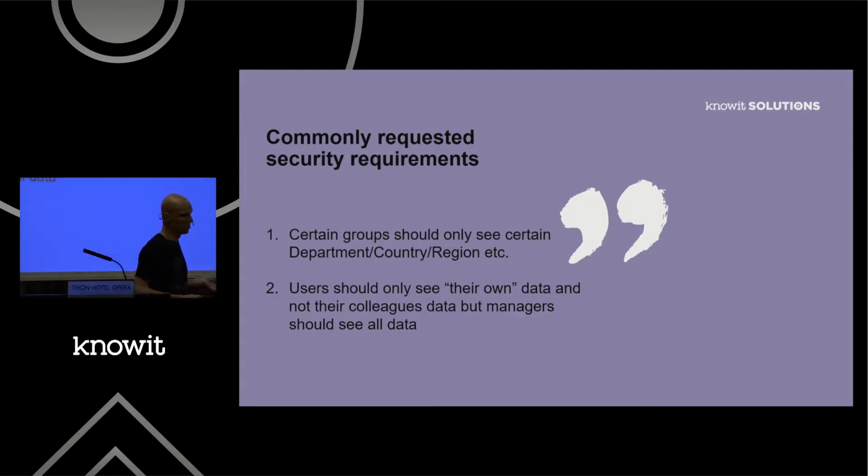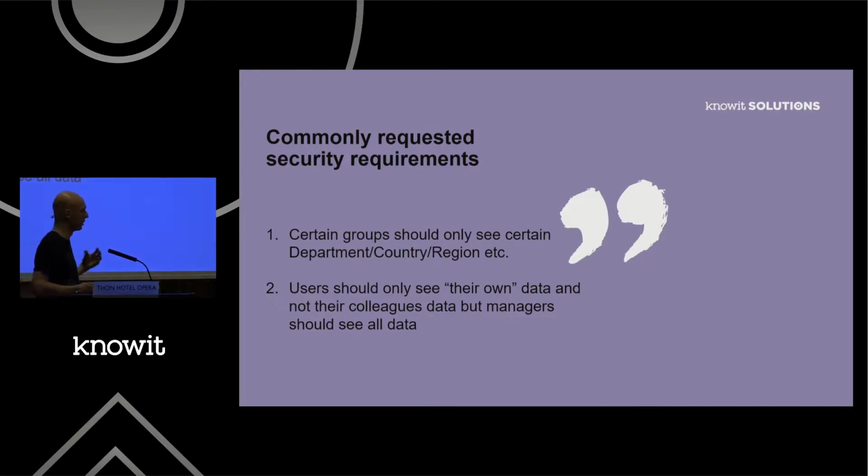Could be that managers, for instance, would like to be able to see my own data, and of course the employees that are below me. So two basic security requirements that we need to have an approach for that is possible to scale out in a large organization.